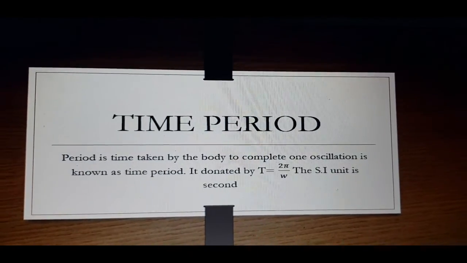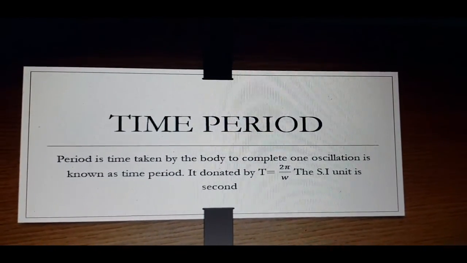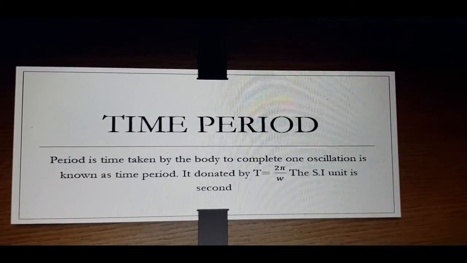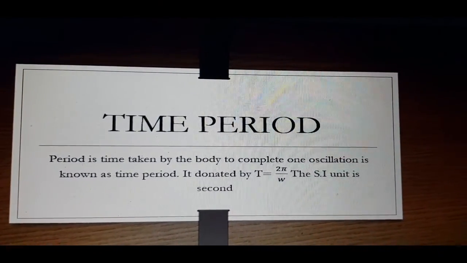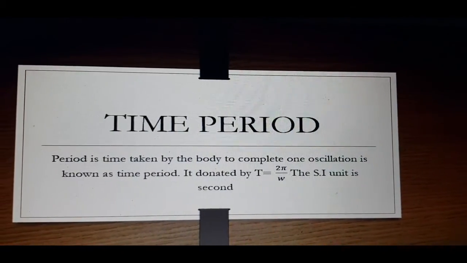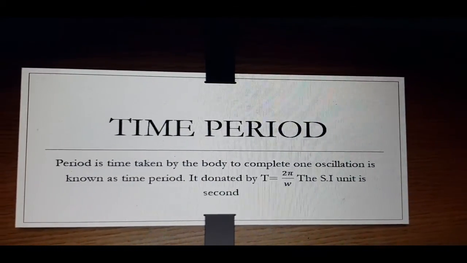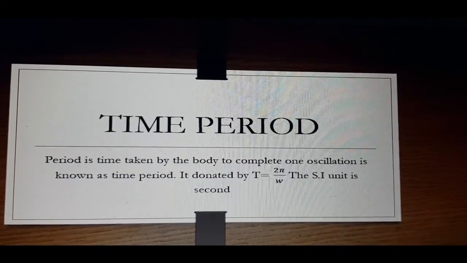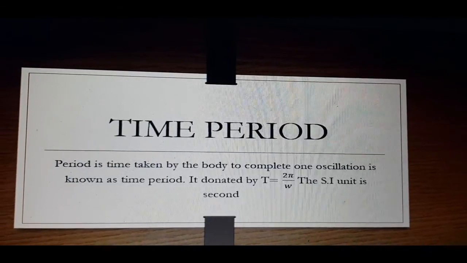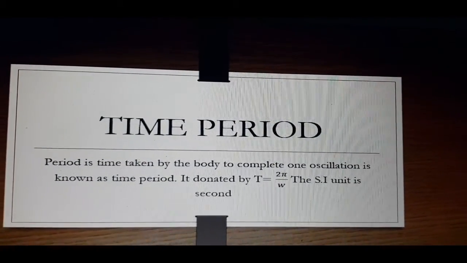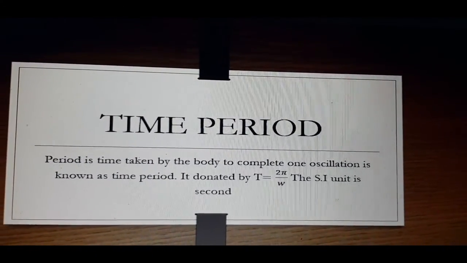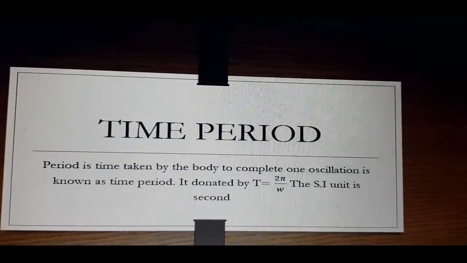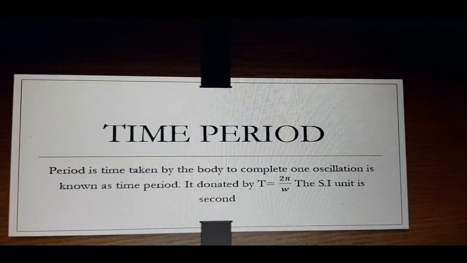Period, class. When we say period or time period, it's the time taken by a body to complete one oscillation. It's known as period. So it's the total time taken to complete one oscillation. When we say one oscillation, let us take a cycle.